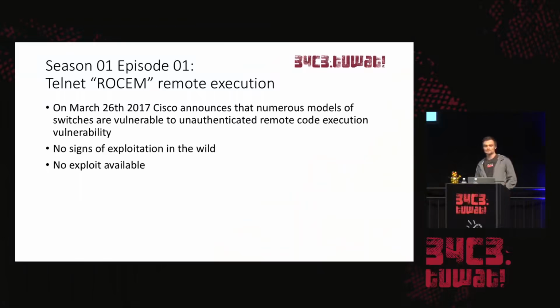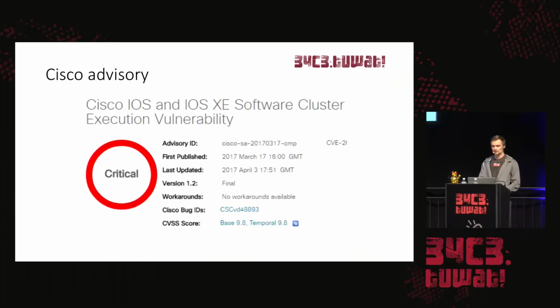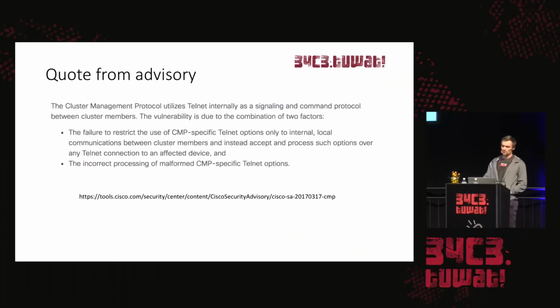On March 26, 2017, we had a major advisory from Cisco announcing that hundreds of models of different switches are vulnerable to a remote code execution vulnerability. No public code, no public exploit was available, and no exploitation in the wild. So it was critical, and the main points of the vulnerability were as follows. Cisco switches can be clustered, and there's a cluster management protocol built on top of telnet.